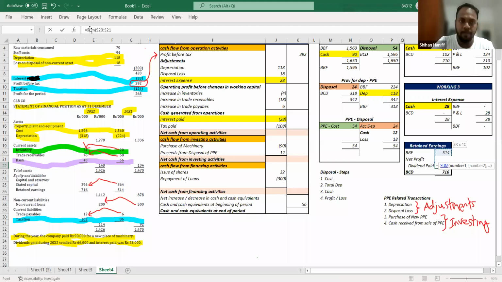Minus 66, dividend paid. Right. That's all. Now get the balance. See, this working is the main part. Everything else is very simple.